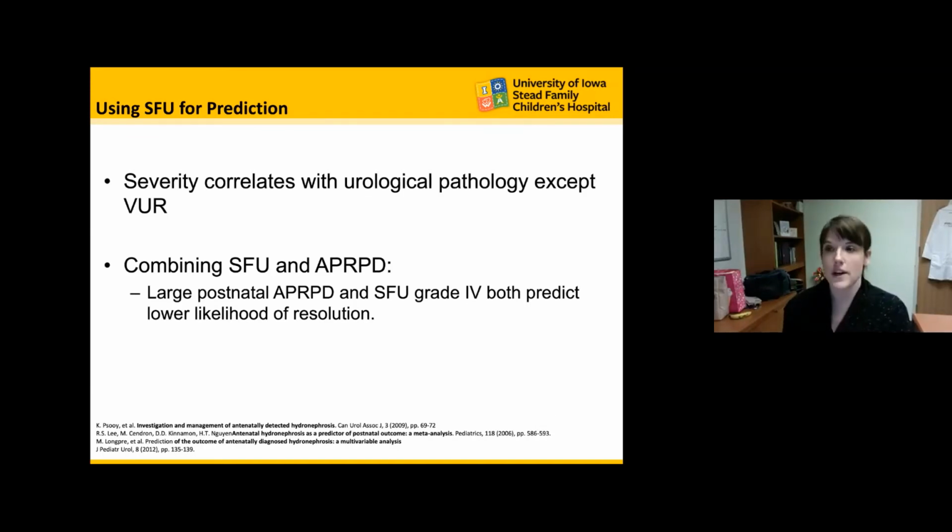We know that you can have relatively severe reflux and have very minor or no hydronephrosis, and vice versa. You could have a severe hydronephrosis and not have any vesicoureteral reflux. A few studies have shown that if you combine the SFU grading as well as the anterior posterior diameter, they predict a lower likelihood of resolution if the APD is high and the SFU grade is high.